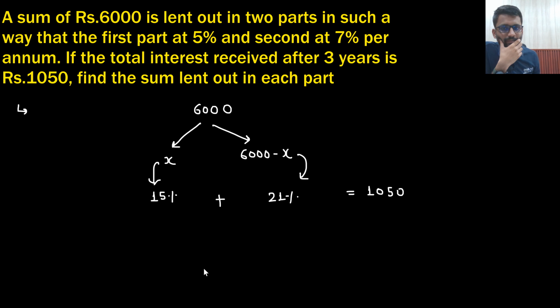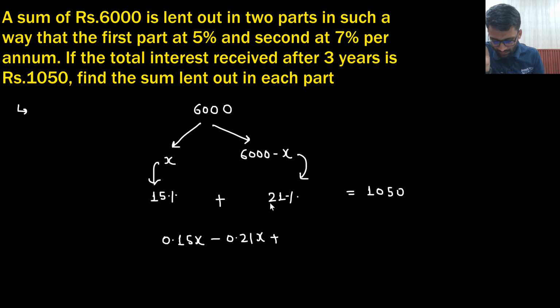1,050. So 15% of this, what is this? This is the interest only. So 15% of this will be 0.15x, right? And 21% of this, that would be minus 0.21x plus 21% of 6,000.